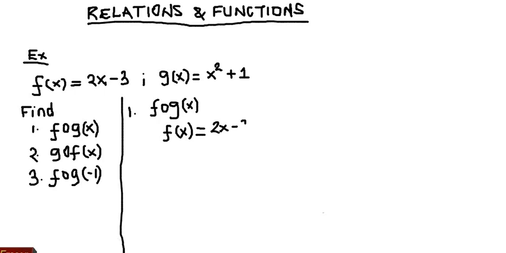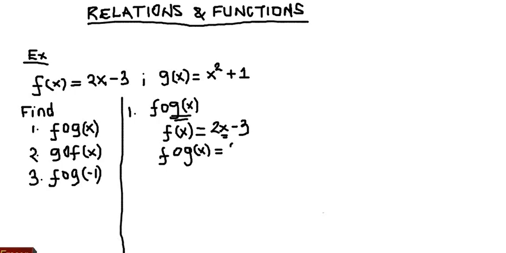In the function f of x, we are going to substitute the variable x with the function g of x. So that is the meaning of a composite function. It simply means we get f of g of x by substituting the function into the variable of the other function.